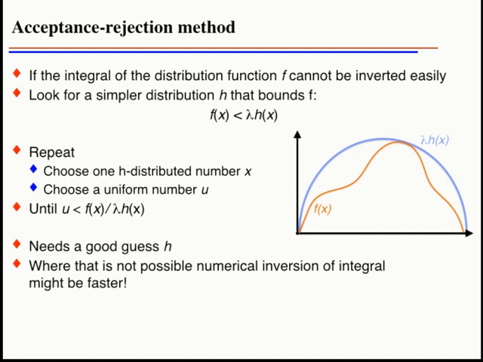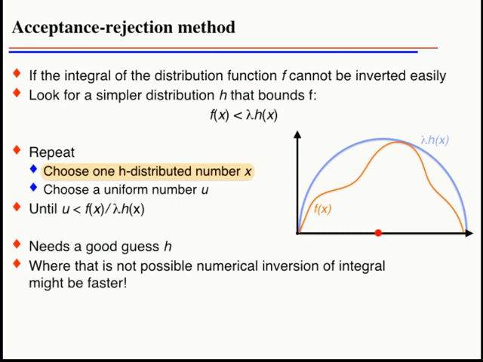If we can do so, then the algorithm looks as follows. We throw a number x according to the h distribution. Now, since the density h has a maximum in the middle, it's much more likely to get a point in the middle as well.